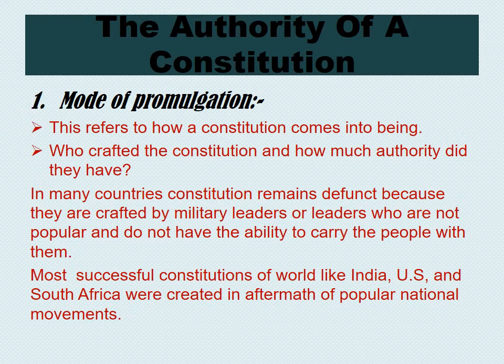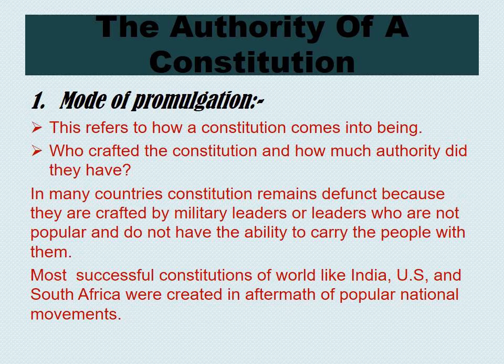So it really took a lot of effort and time as well, because we know it took 2 years, 11 months and 18 days to craft it. And with that they had to take all the differences of different sections of the society living at that time, and create a constitution just after the division of the country.